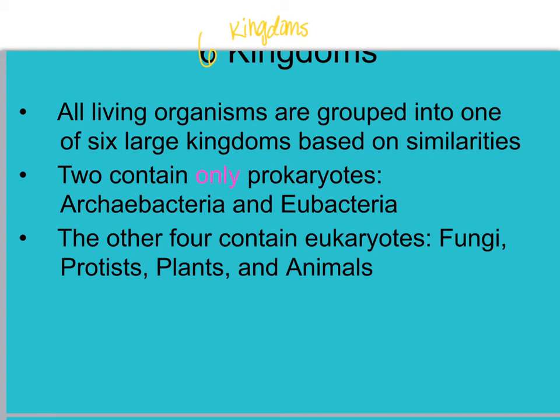And I mentioned this earlier in this section of notes. So Archaebacteria and Eubacteria are going to be considered prokaryotes. The others, fungi, plant, animal, and protists, are going to be eukaryotes. So remember, eukaryotes have a nucleus, and prokaryotes have no nucleus.